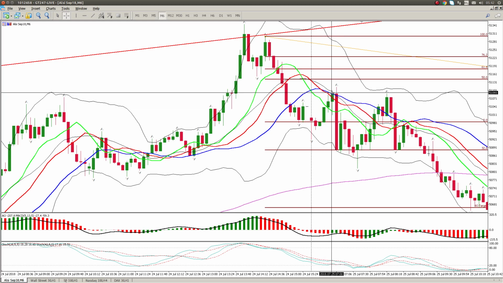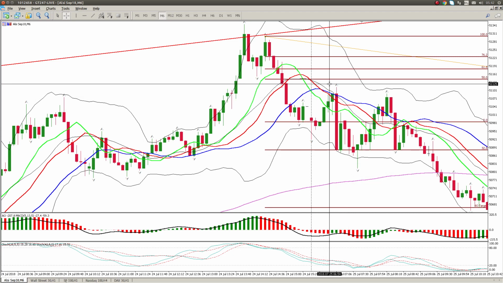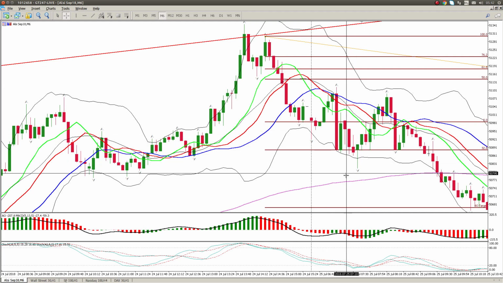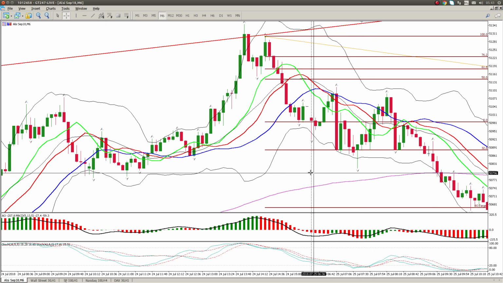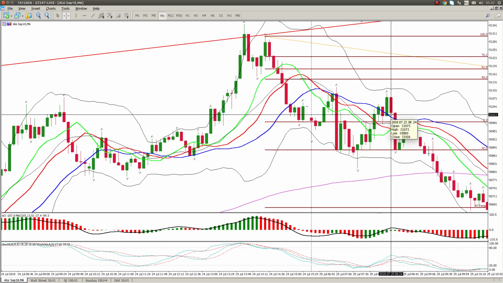So you could have taken your short here and put your stop up there, or you could have waited, because you had a 200 moving average pretty close here. So you could have waited for the second attempt. There's always a second attempt, and that could have been your entry short.